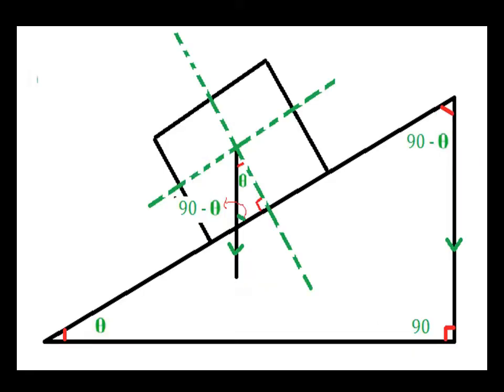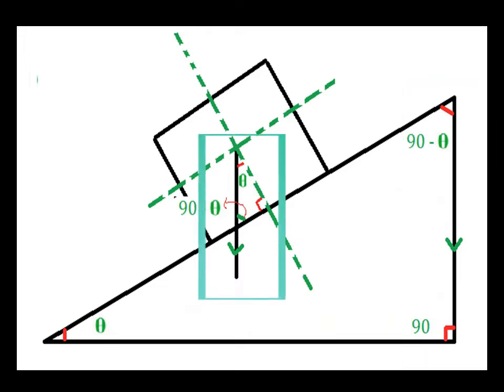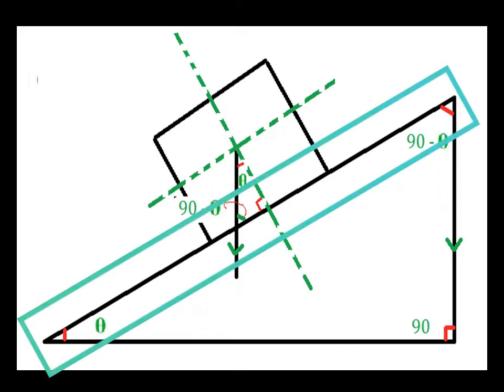Going back to our figure and applying geometry, as you can see, this line in our triangle is parallel to this line here, which is our force. And this line in our inclined plane will serve as our transversal line.